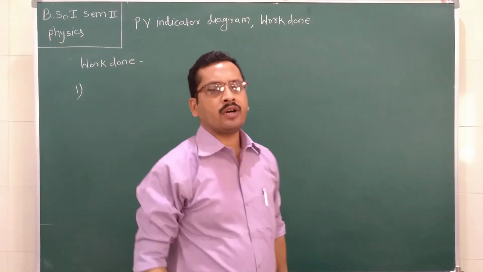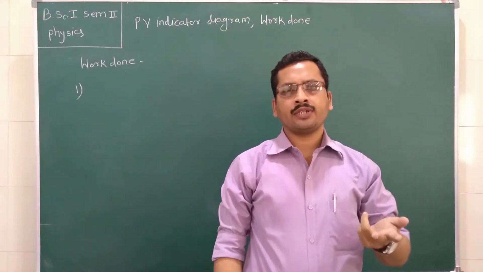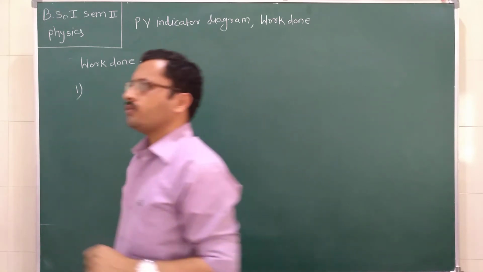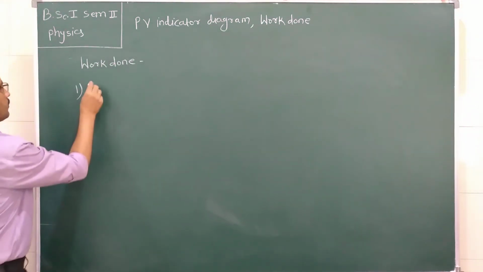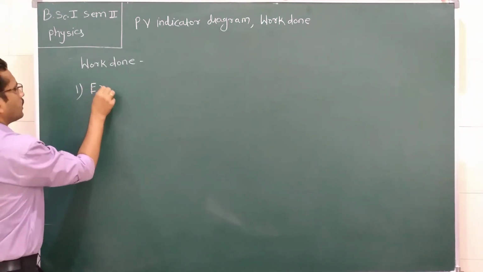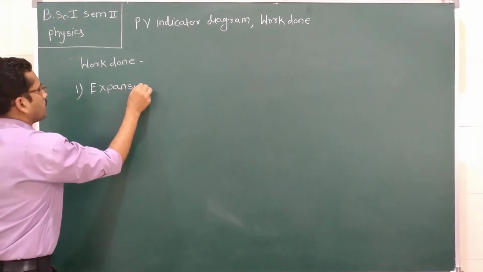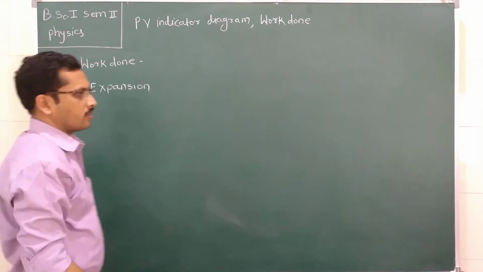Now we can see the work done in two cases, expansion and contraction. Okay, first of all we see the work done in expansion. When the gas expands, what is the amount of work?